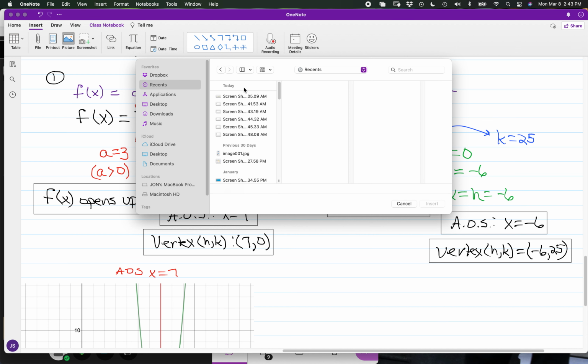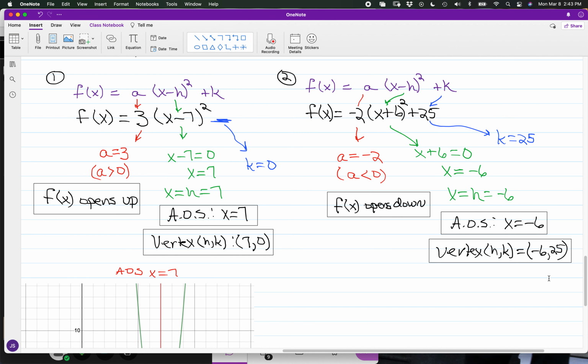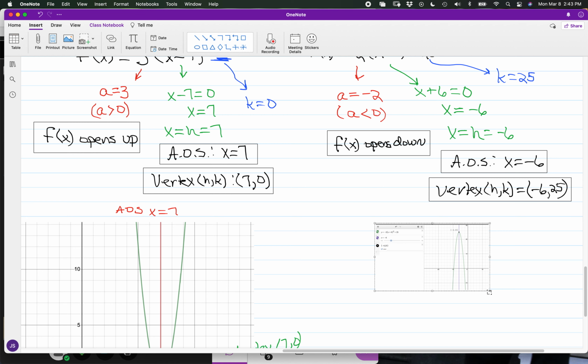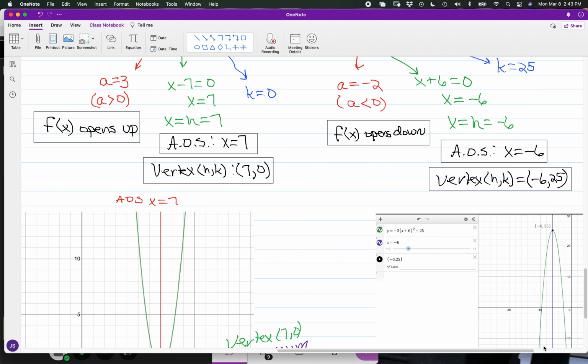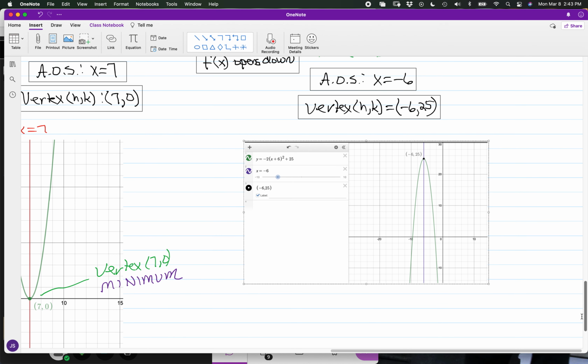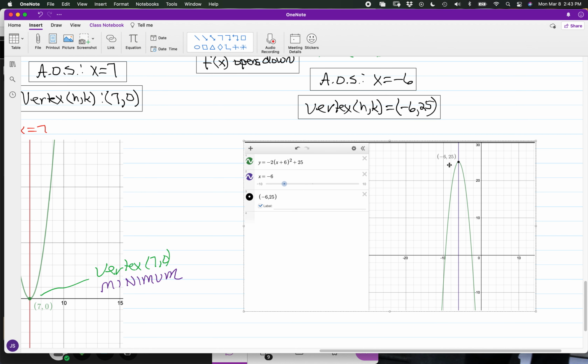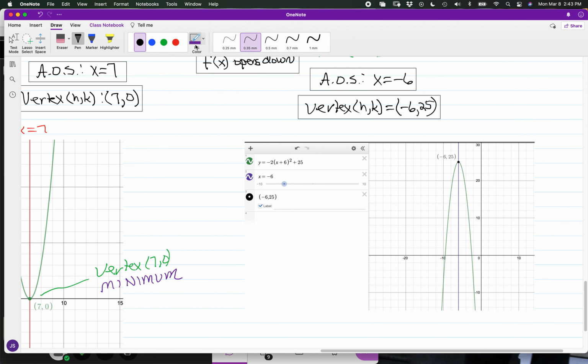I think I have this picture up as well. Let's see. Yeah. So with this particular graph, we have the vertex again at (negative 6, 25). Again, we have the axis of symmetry, x equal to negative 6.